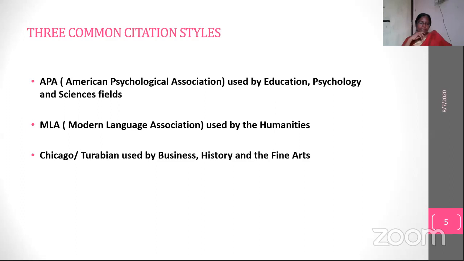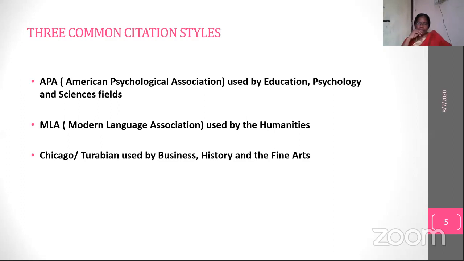It was published in the year 1967, by University of Chicago Press. As it was published by Chicago Press, it is called the Chicago Manual. As it is authored by Turabian, it is called the Turabian Manual.